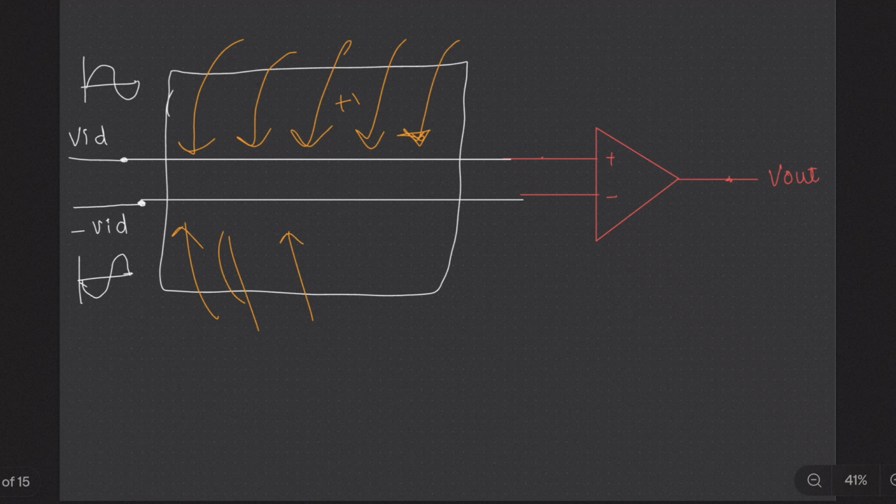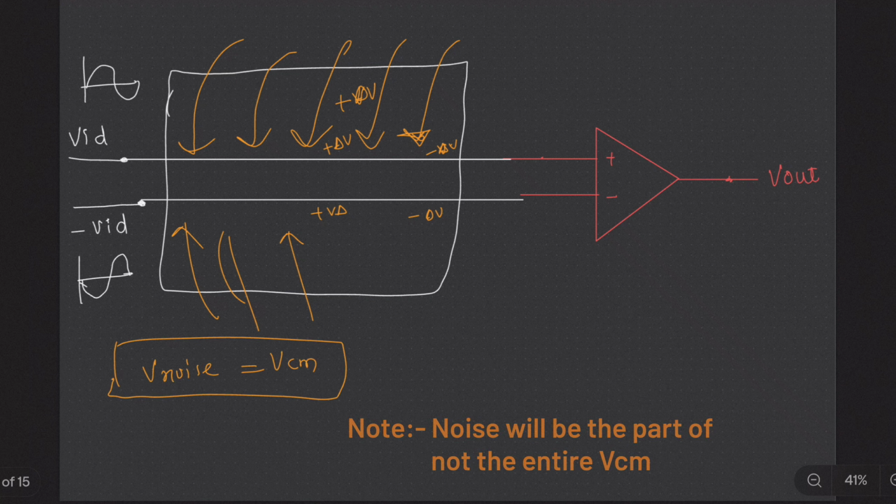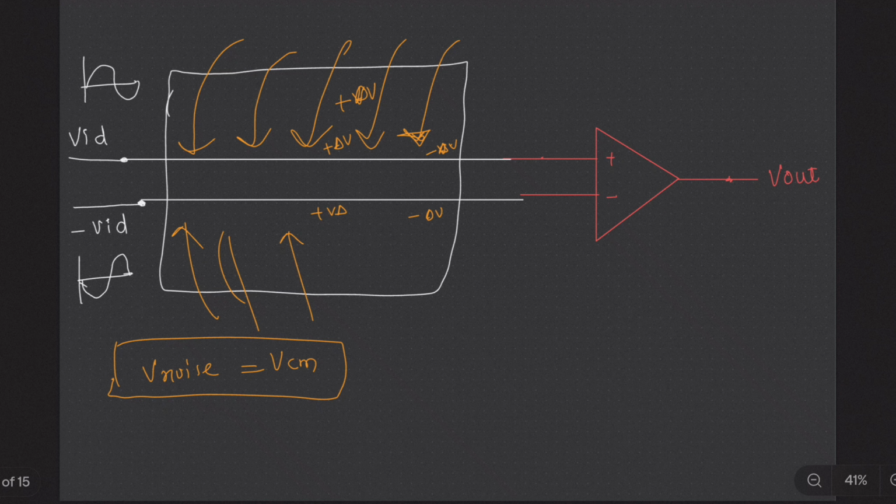If this is getting plus del V, this will also get plus del V. If it is getting minus del V, this will also get minus del V, which is common to both of these. That's why the noise is always VCM. So we are transmitting it in the differential mode, so that the noise is common and our operational amplifier will eliminate the VCM. So this was the concept.